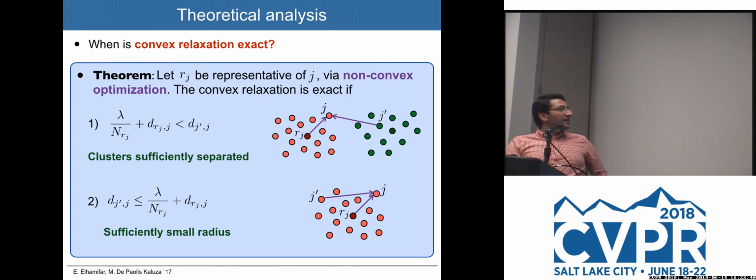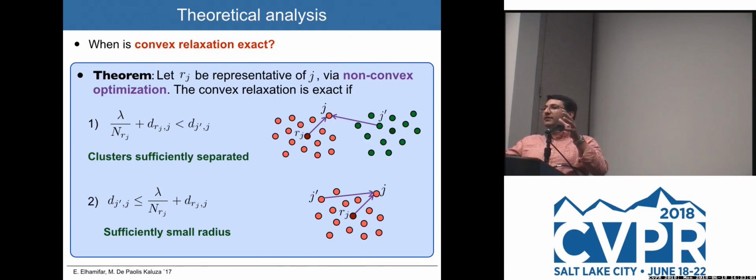And the second is that now if I zoom in inside one of these groups, if I look at every j, the worst representation for that j shouldn't be very far away from the best representation that I can get for it. And that means that my cluster should be sufficiently tight. The radius cannot be very large.